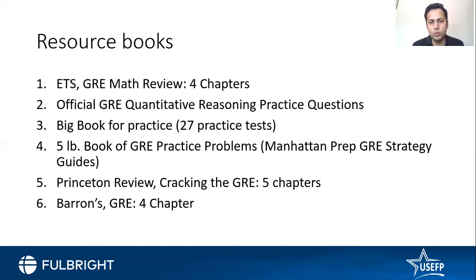This will help you figure out whether you are making mistakes on easier questions, or whether it's the hard or medium difficulty questions you're facing difficulty with. So it would help you gauge your performance against other students. It has a lot of practice.